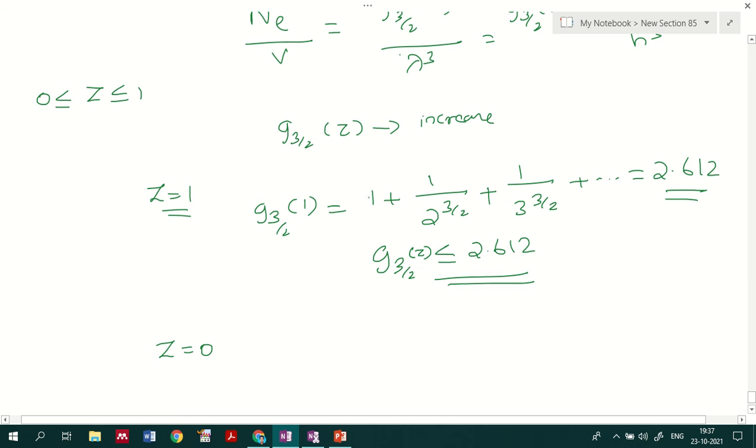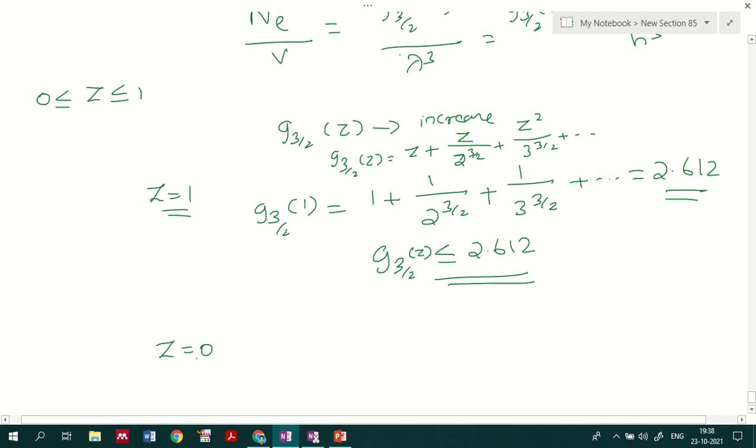How does this come about? It comes from the general expansion of g3/2 of z, which is z plus z squared divided by 2 raised to 3/2, plus z cubed divided by 3 raised to 3/2, and so on.